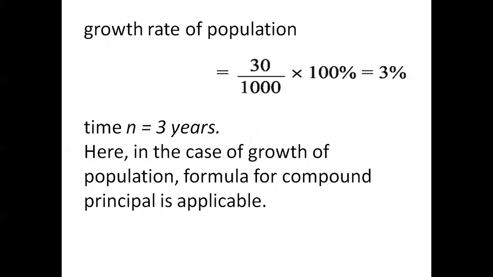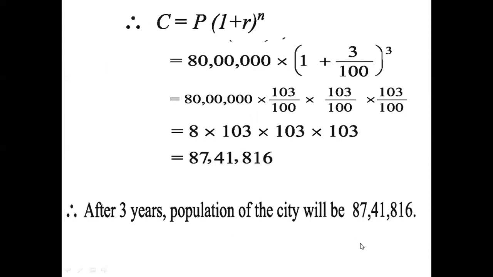Here, in the case of growth of population, the formula for compound principal is applicable. At the starting of this math, I have said that here we practically use the formula of compound interest. So here we use it. Let's start. C equal to P into 1 plus R to the power n.